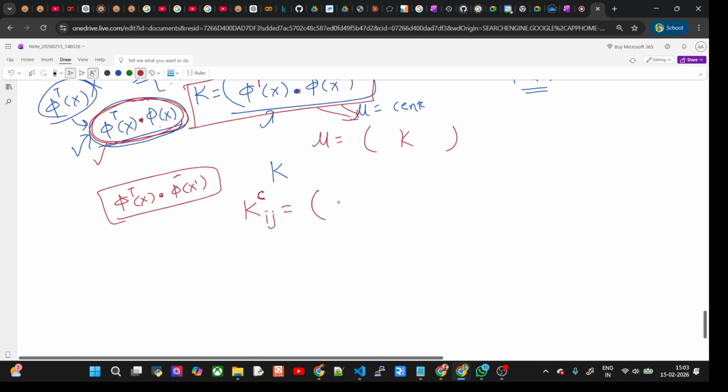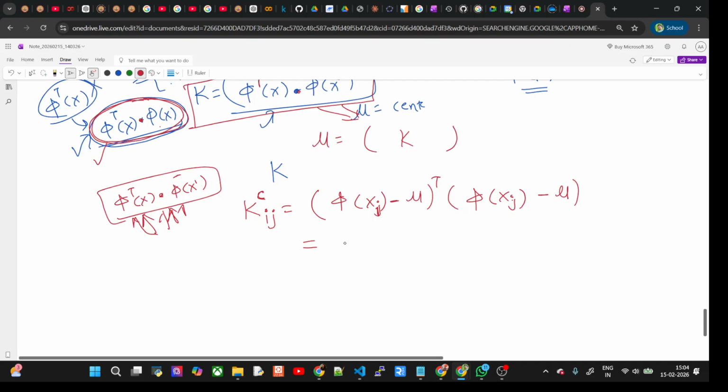So what I am doing now is phi of x minus, for example, I will write xi here. This is phi of xi and this is phi of xj, minus mu, the mean.